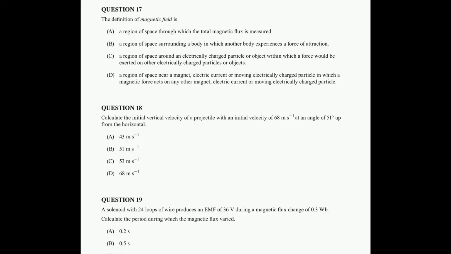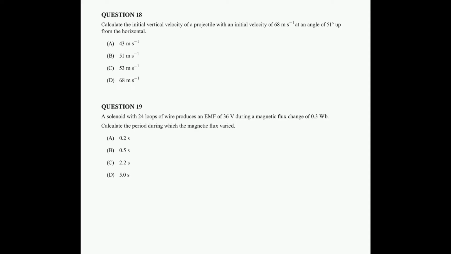Take it from a 25% chance down to, say, a 50% chance, or even a 33% chance. It's better than a 25% chance if you know something is definitely incorrect. So for this choice, it should be option D: a region of space near a magnetic electric current or moving electrically charged particle in which a magnetic force acts on any other magnetic electric current or moving electrically charged particle. So D.